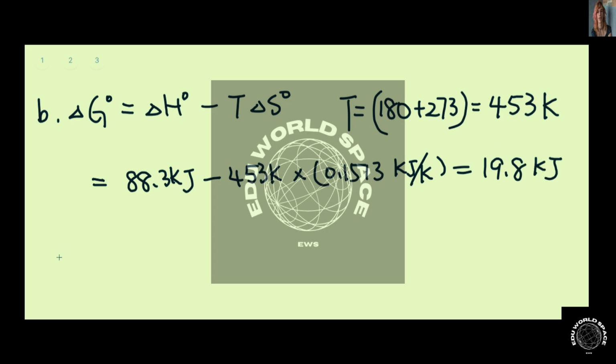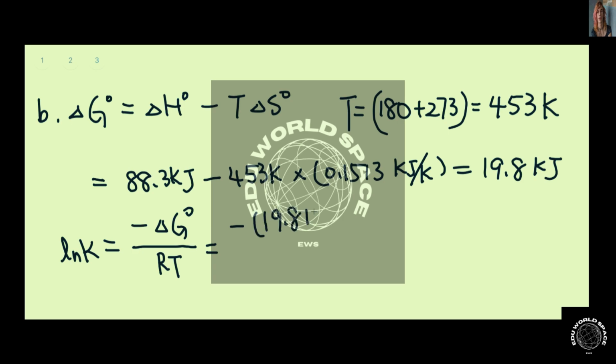So once again, ln K equal to minus delta G0 divided by RT. This is equal to negative 19.8 kilojoules times 10 to the third joules per kilojoule. So this is only changing the unit from kilojoules to joules.